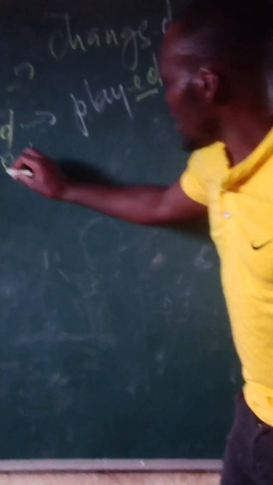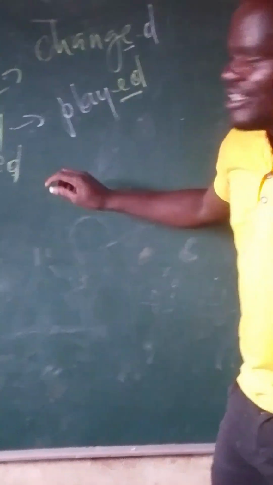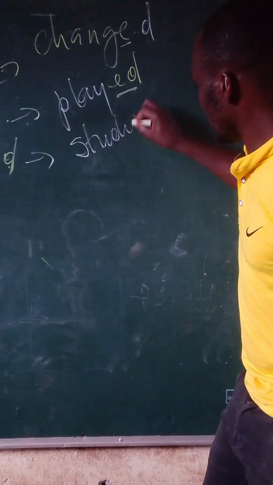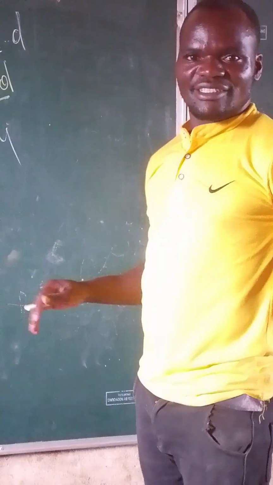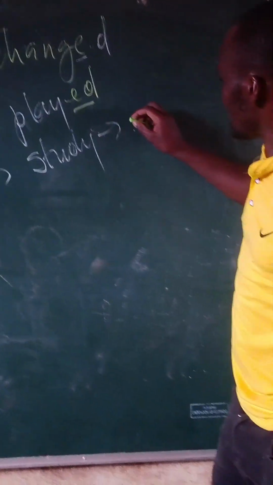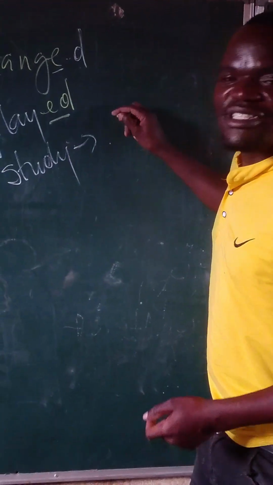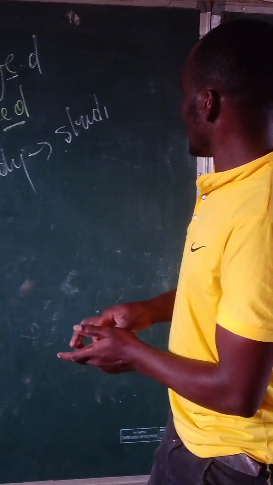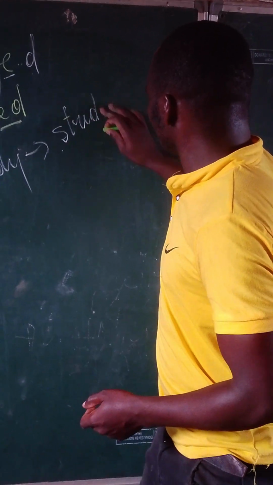We also form the past of some verbs by adding ied, such as study. So we say in simple past, studied. Say studied.